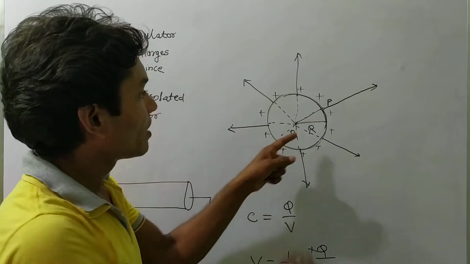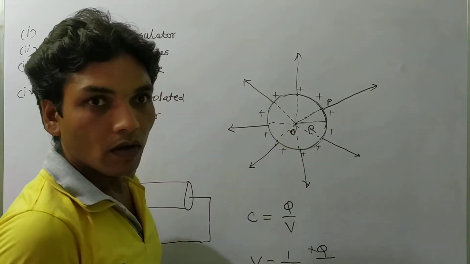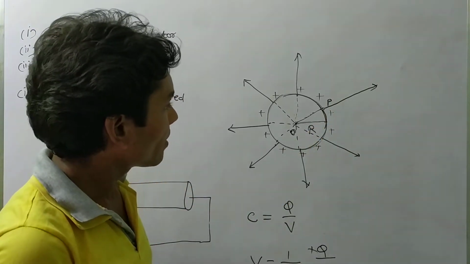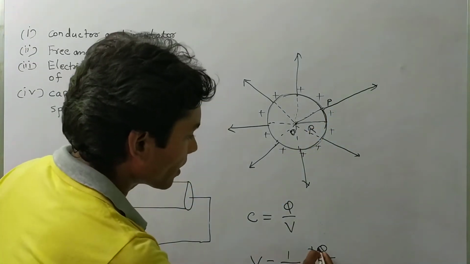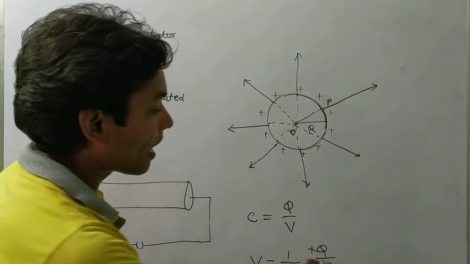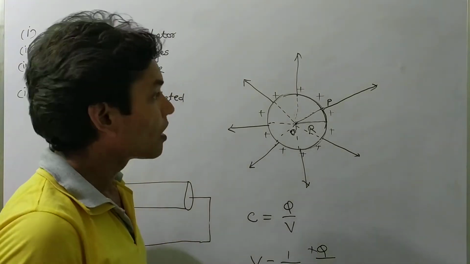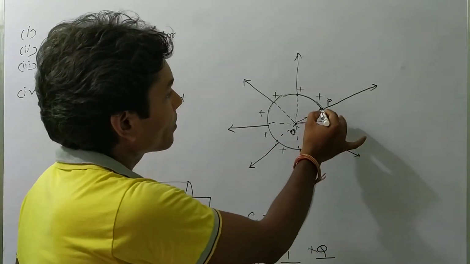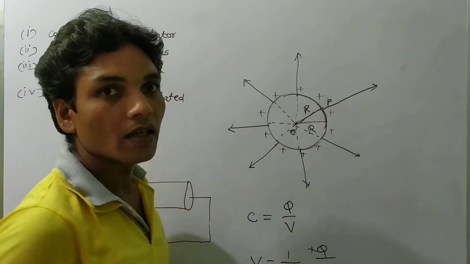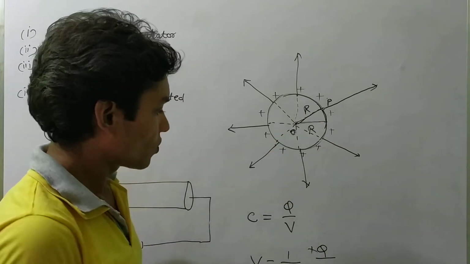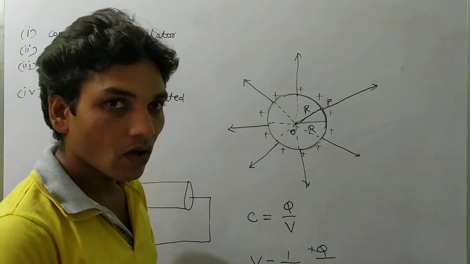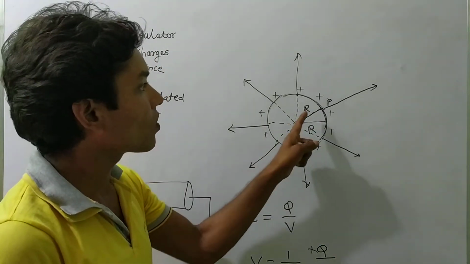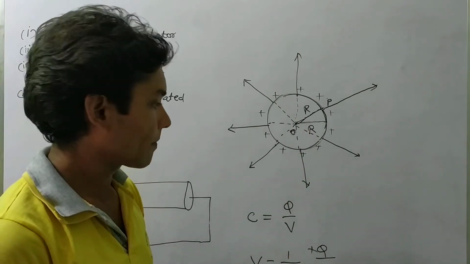Okay. Now at this point P, the potential V will be 1 upon 4 pi epsilon naught, Q upon R, where R is the distance of this point from the origin point O, and this is equal to the radius of the spherical conductor. So this is the potential on the surface of the spherical conductor.